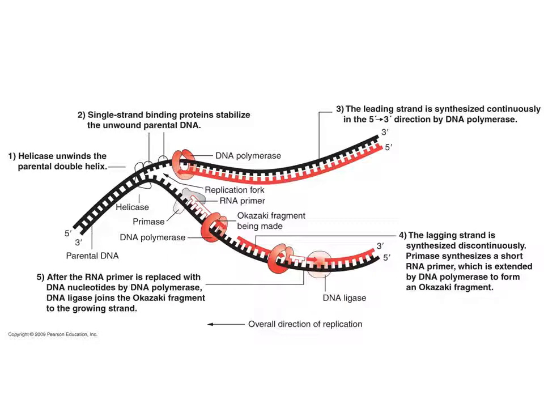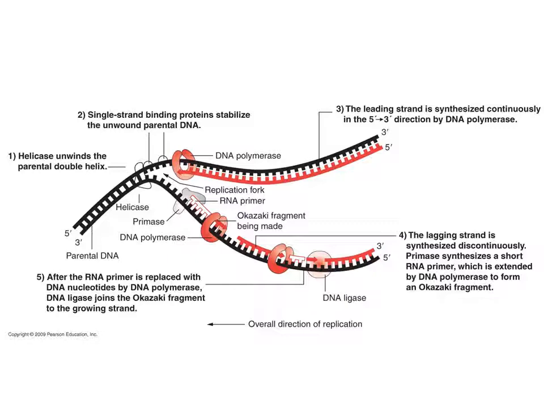Now, if helicase just did that and then let go, the strands of DNA would go back and recoil. So what is necessary is single-stranded binding proteins, which are tiny proteins that come along and bind to the DNA and keep them separated so that new strands of DNA can be synthesized.